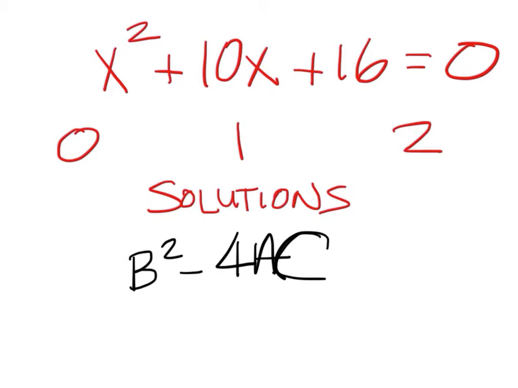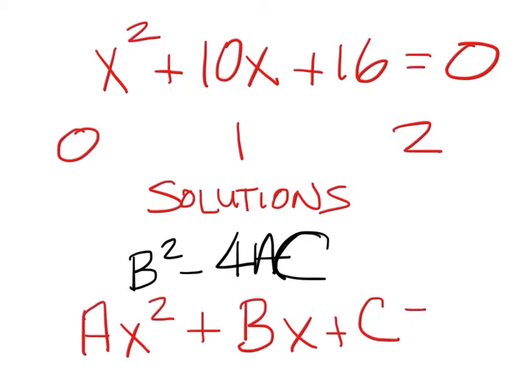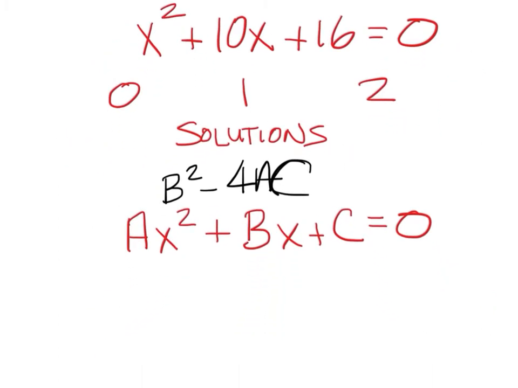If you remember back, when we first started quadratic equations, the general form is ax squared plus bx plus c equals 0. So if I'm going to use the discriminant, I need to fill in the value for b to start with.